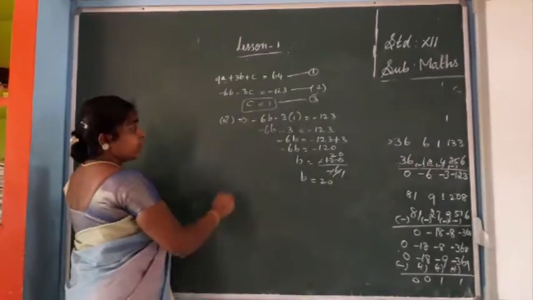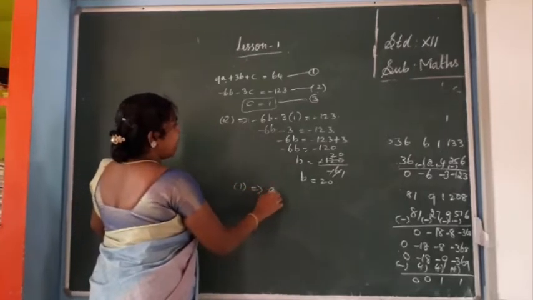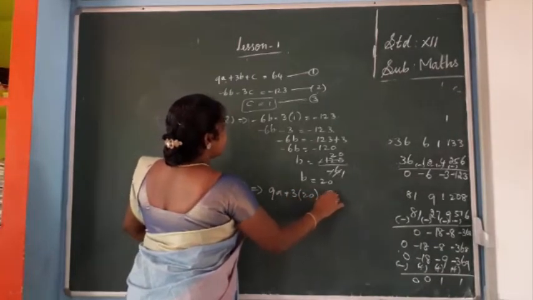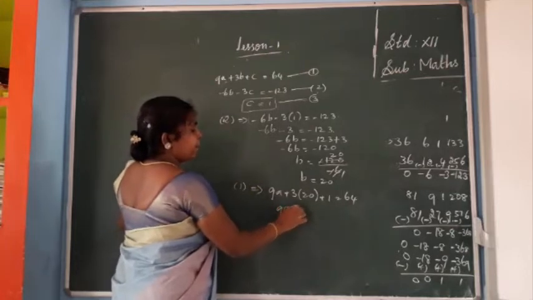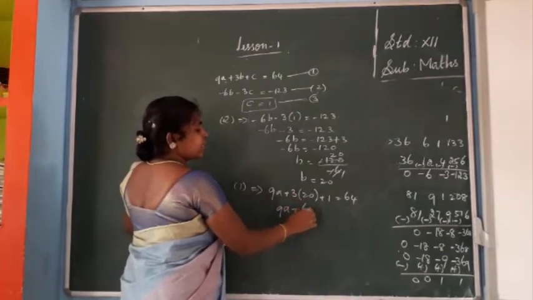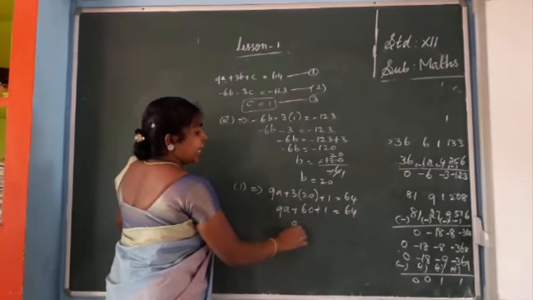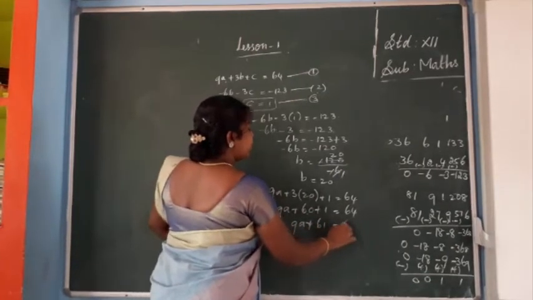Next, we need the a value, so substitute in the first equation. 9a plus 3 into 20 plus 1 equal to 64. 3 2s are 6, so 9a plus 60 plus 1 equal to 64. 60 plus 1 is 61, so 9a plus 61 equal to 64.